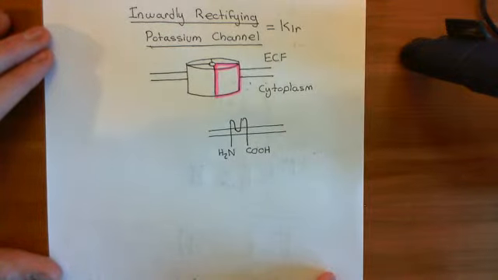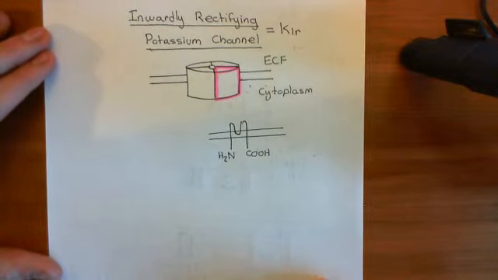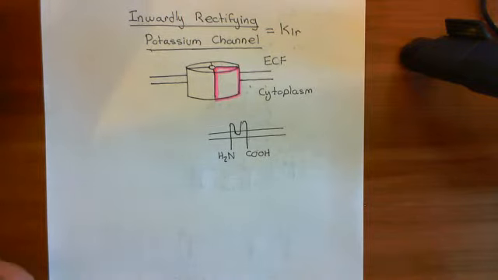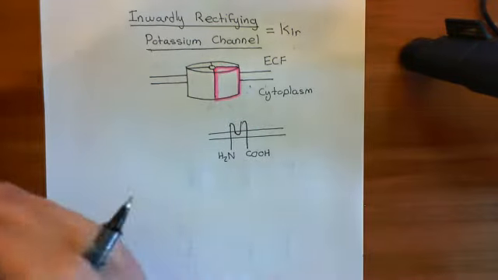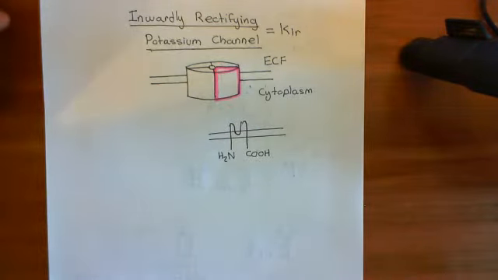Now, what would be beautifully simple is if there was just one subunit for an inwardly rectifying potassium channel, and you use this subunit 4 times to make the channel. So you join 4 of them together to make the whole channel. It's not that simple.